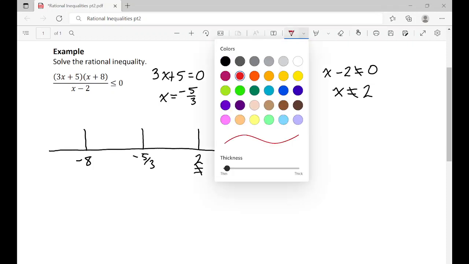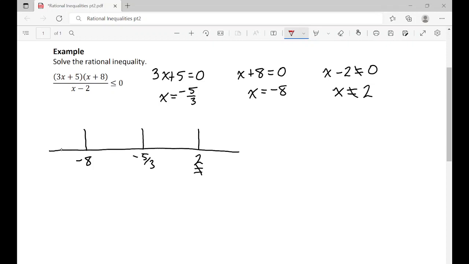Now I'm going to pick some test points. Something less than negative 8, I'm going to call negative 9. In between negative 8 and negative 5/3, I'm going to say negative 2. In between negative 5/3 and 2, I'm going to say 0. And then something greater than 2, I'm going to say 3.